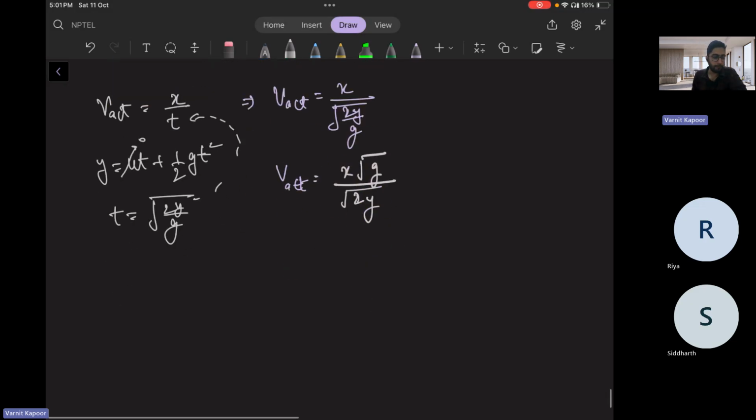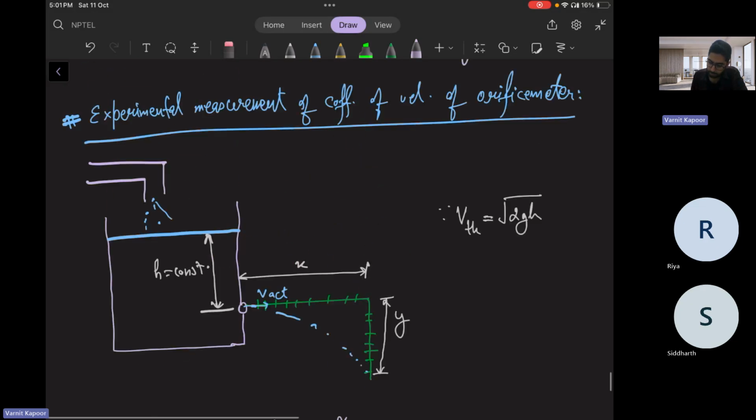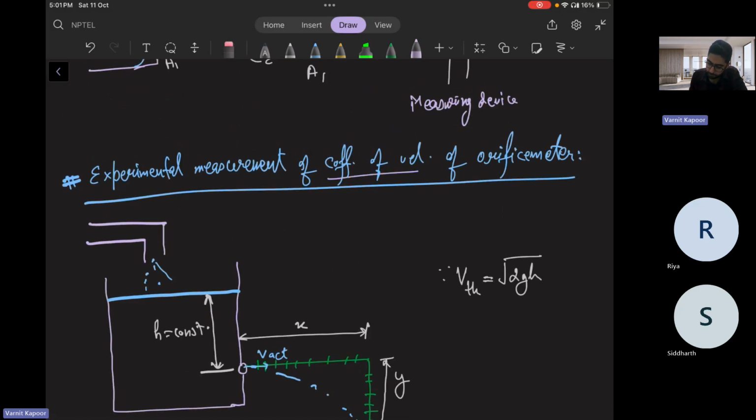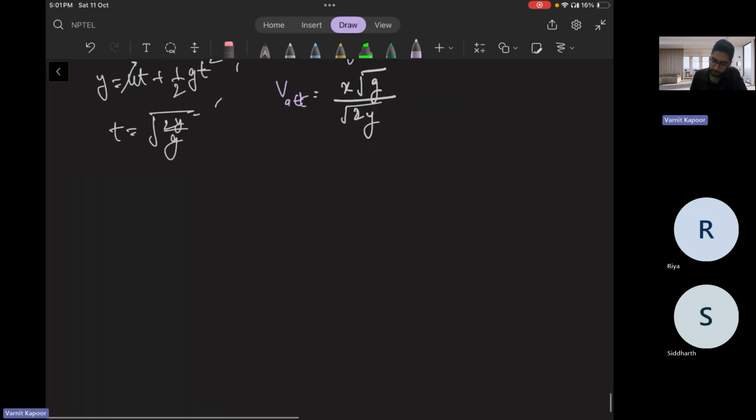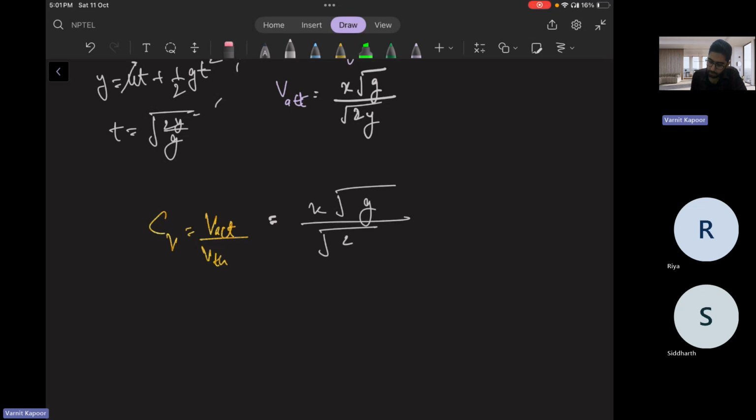Now coefficient of velocity Cv is nothing but V actual by V theoretical. So what is V actual? X root g by 2y, upon V theoretical, which is root 2gh.